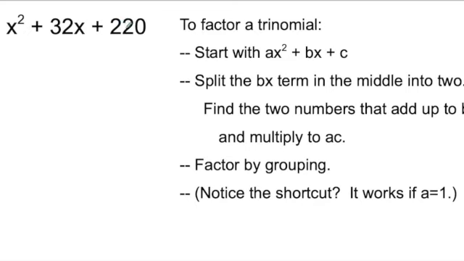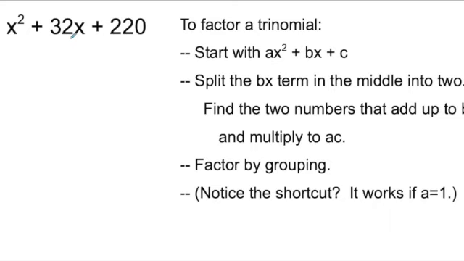Well, let's look at the factors of 220. 1 and 220 doesn't add up. 2 and 110, not divisible by 3. 4 and 55. 5 and 44, not divisible by 6 or 7 or 8 or 9. But the next pair you come across is 10 and 22. 10 times 22 is 220. 10 plus 22 is 32. That's the pair of numbers we need.